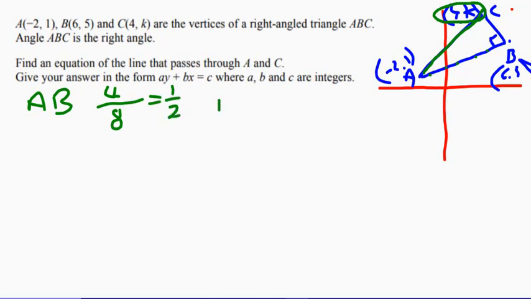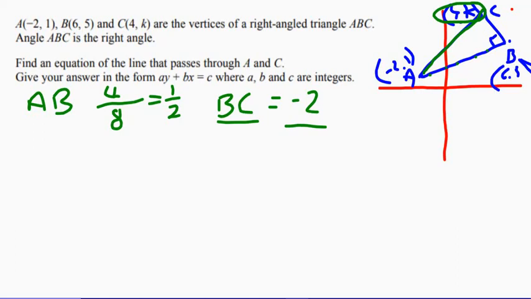Now BC is perpendicular, so the gradient of BC, remember the rules, you flip it and change the sign. The two gradients need to multiply together to give me minus 1.